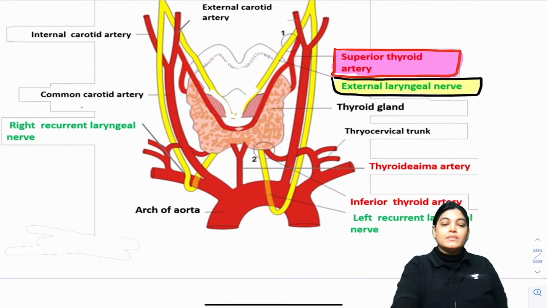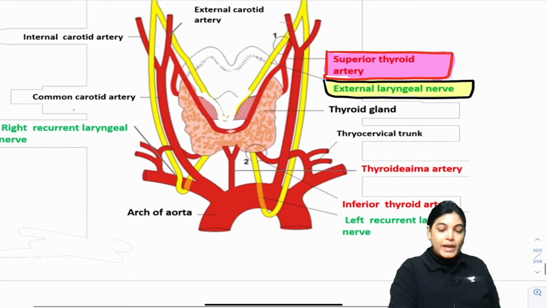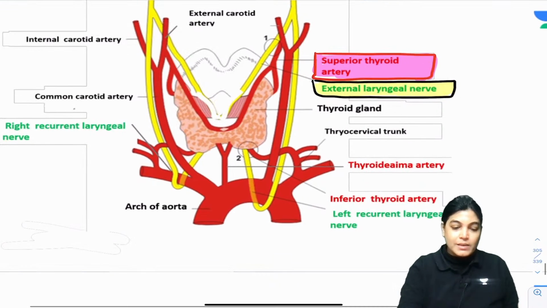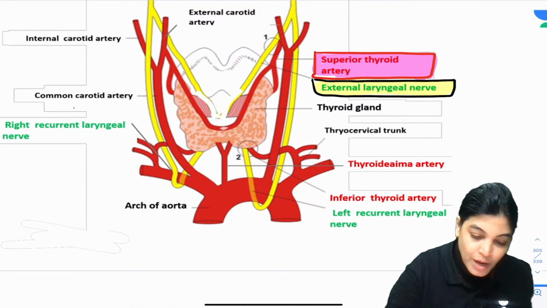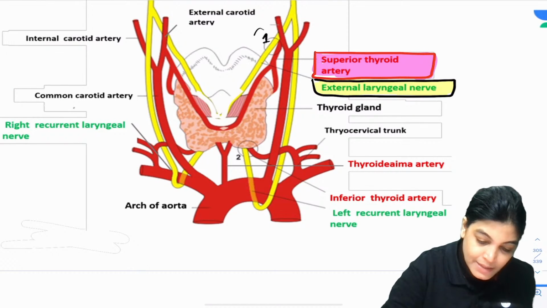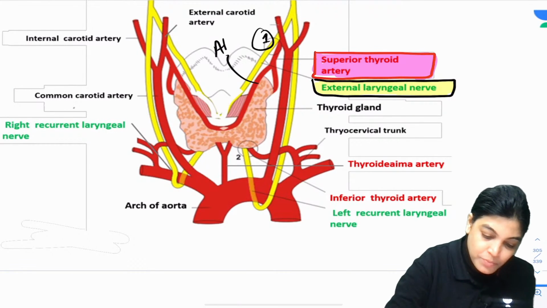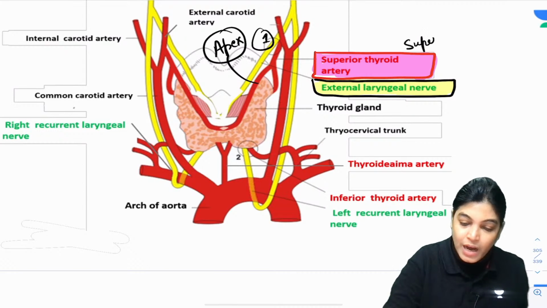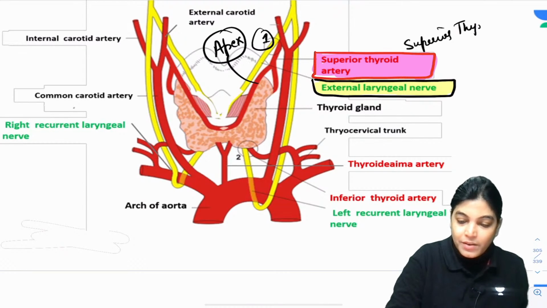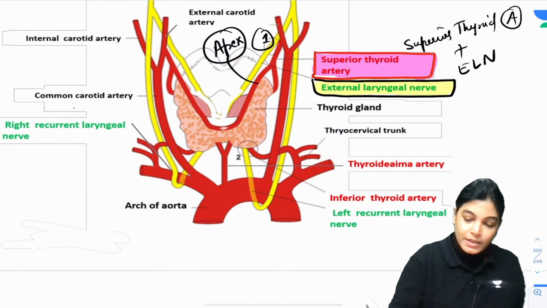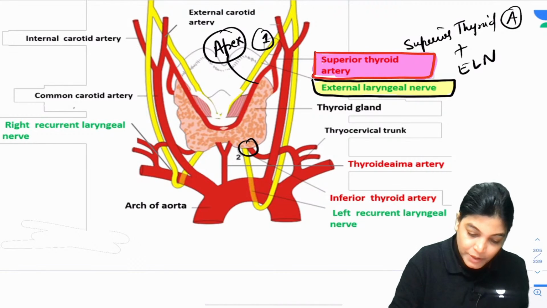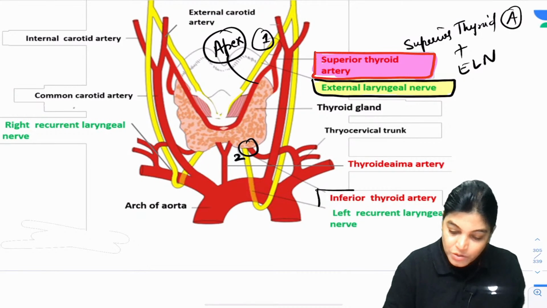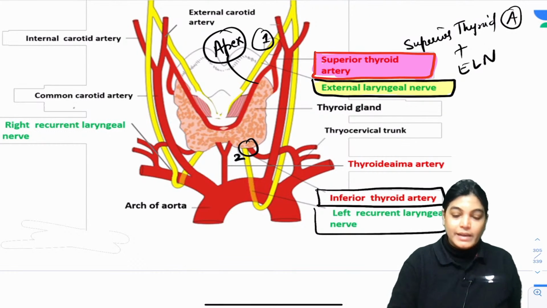Another important point you can clearly see in this image is point one: at the apex, the apical part of the thyroid, we have got superior thyroid artery which is running close to external laryngeal nerve. Now see the basal aspect, this is point 2. At this position you can see inferior thyroid artery is running along with the left recurrent laryngeal nerve.